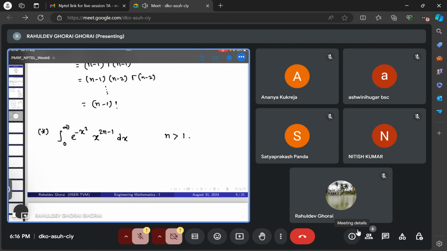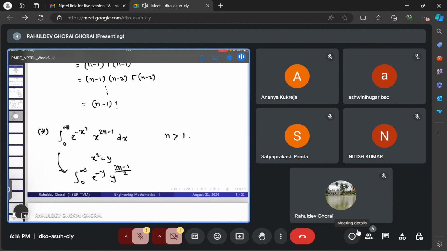You just put x square equal to y and check it. I am not doing this one. Is it okay with you? You put x square equal to y, then whatever comes, it will transform to the integral from 0 to infinity of e to the power minus y times y to the power 2n minus 1 over 2, right?